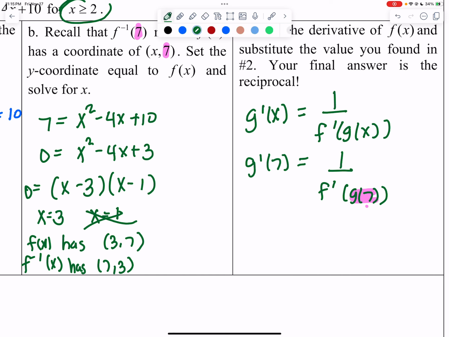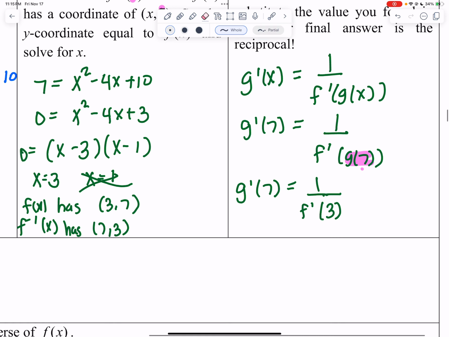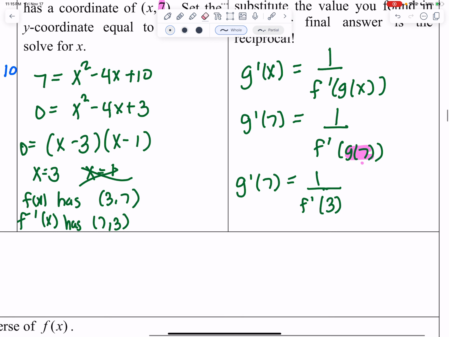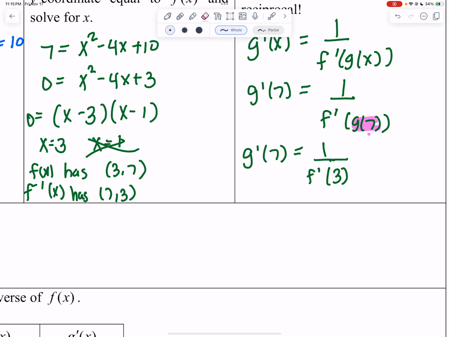So now I have g prime of 7 is equal to 1 over f prime of g of 7, and we just said that g of 7 is going to be 3. We're not done yet, because guess what? We need to figure out what f prime of 3 is. So we're going to take the derivative of f of x.